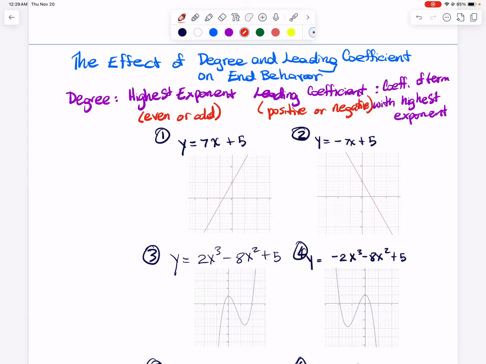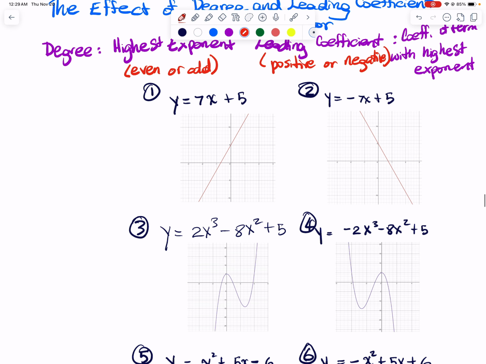Okay, so now that we know that, how do we use that information to determine end behavior? We're going to get into that later in the video, but what we are going to do in this part of the video is make sure that we can, from a visual, understand how to write end behavior. So when we're looking at the end behavior of a function, again, we're looking at what happens when you go infinitely to the right and infinitely to the left.